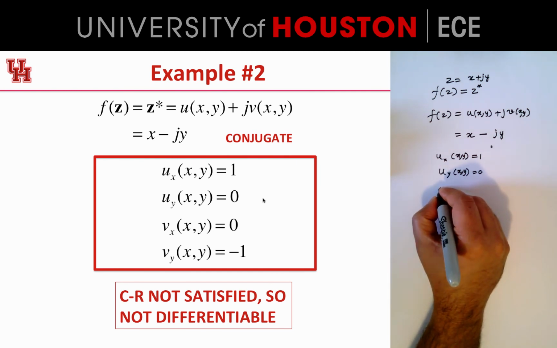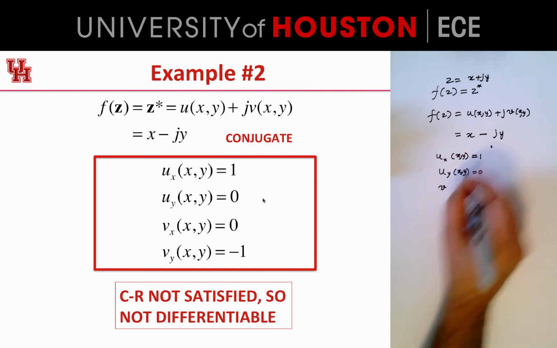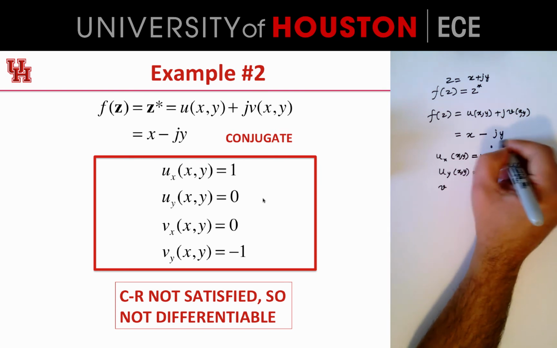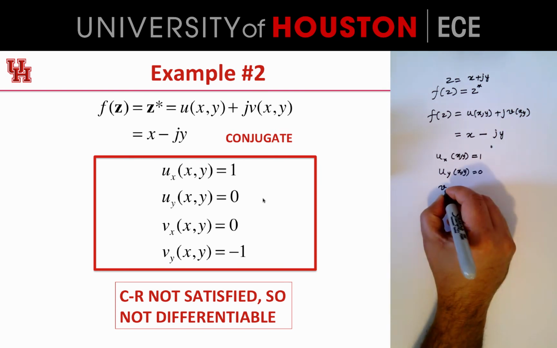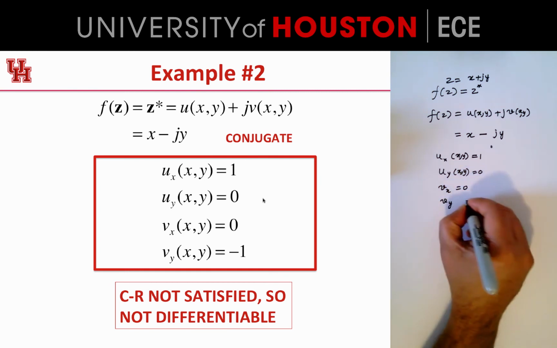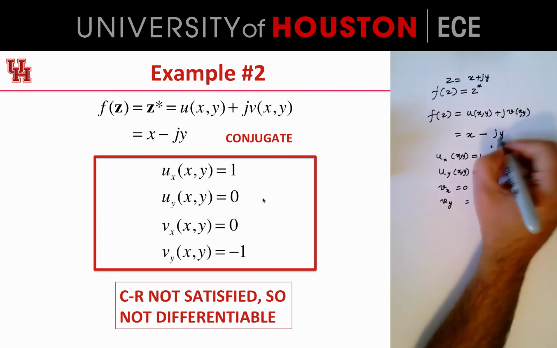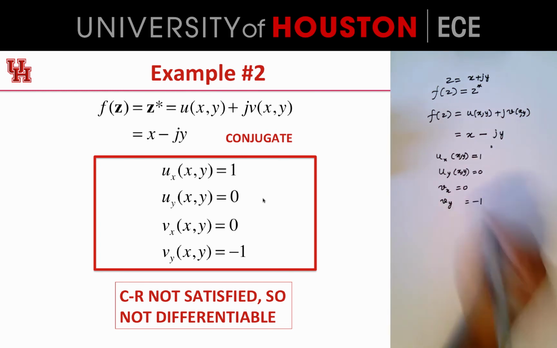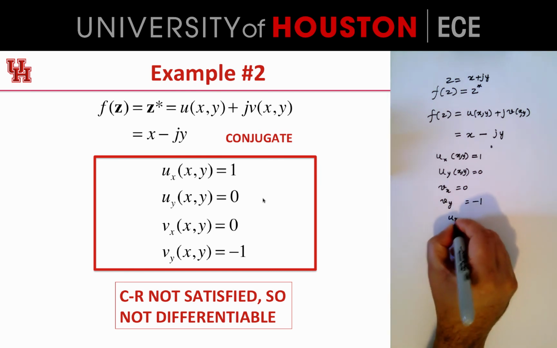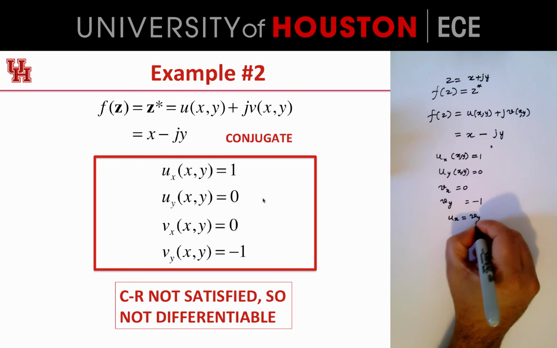And then if I take v, the second guy, and differentiate him with respect to x, there's no x here, so I get 0. And then if I take vy, this guy, I have a y, so the derivative is minus 1. So if you ask the question, is ux equal to vy?